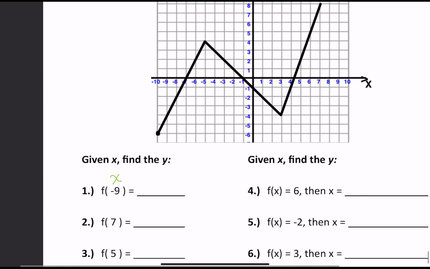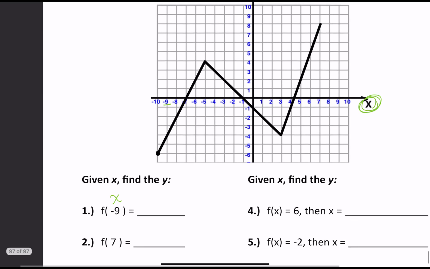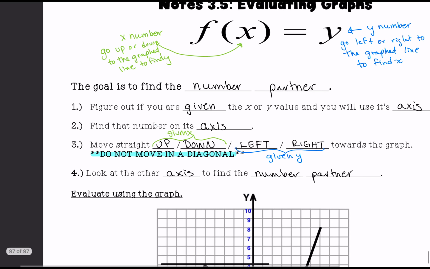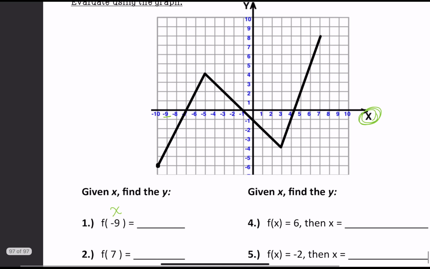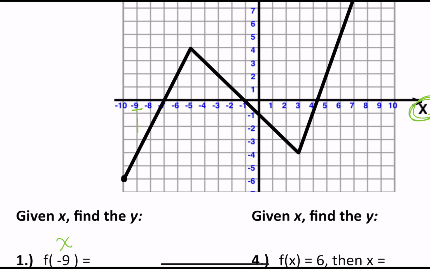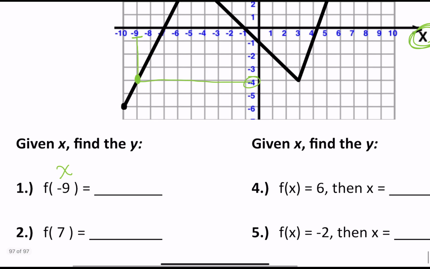Looking at the x-axis, we're going to find -9, which is right here. Now remember from our notes above, you got to go up or down to the graphed line to find y. So the graphed line is below us, so we're going to go down. And we hit that graphed line right here. That y value is -4. So that's our answer. We figured out the number partner of x.